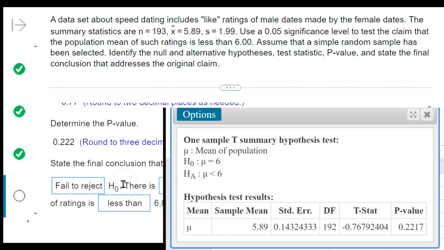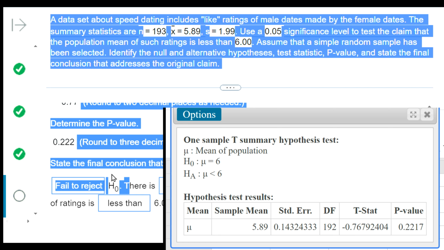Look at what this says. It says there is not sufficient evidence to support the alternate. Why would I not be in the blue car? Because I don't hate the red car. I like the red car. I refuse to drive a blue car. Then I must be in the red one.